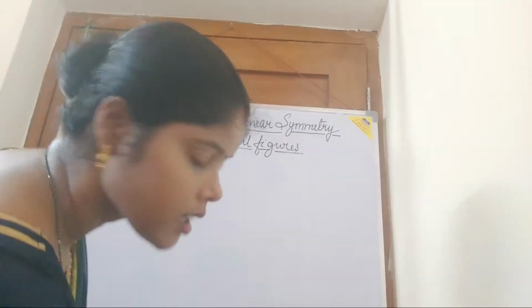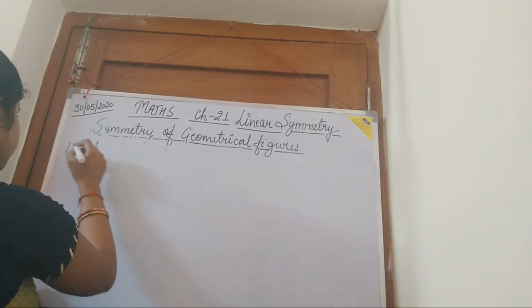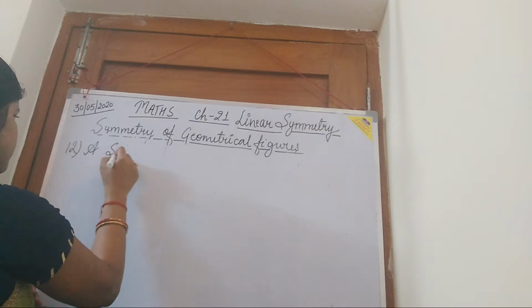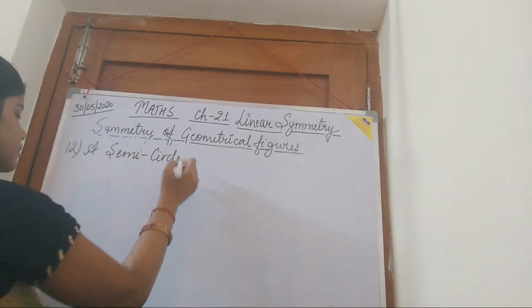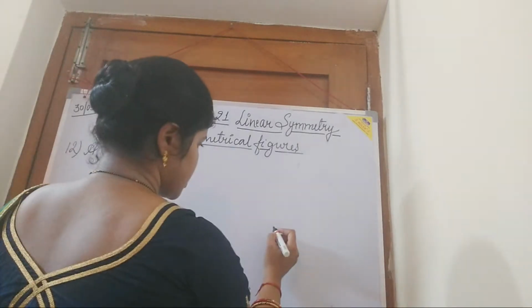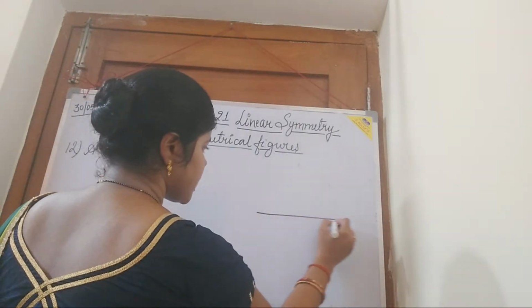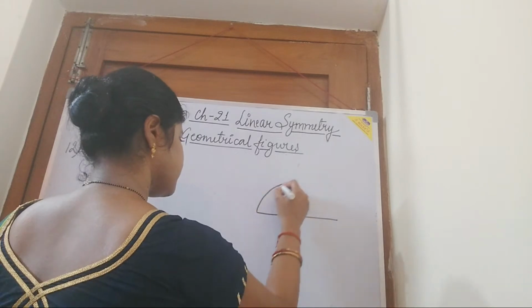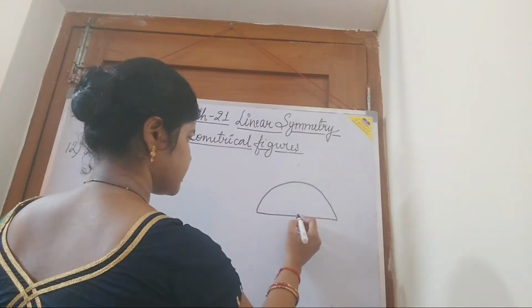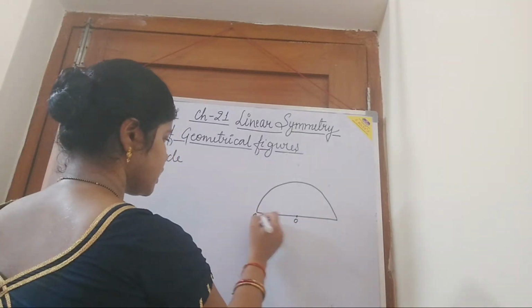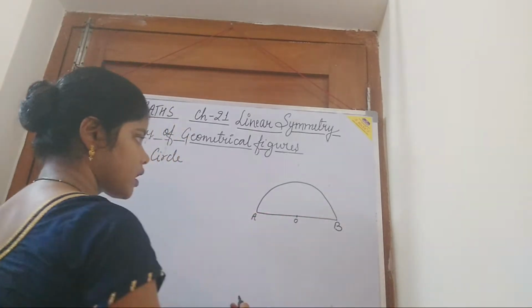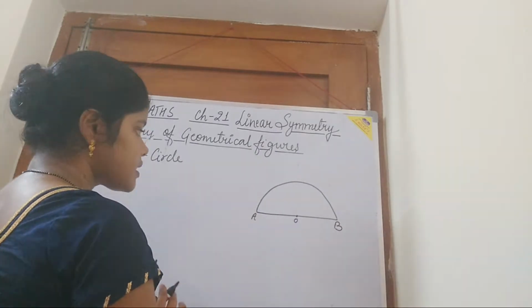The next figure is a semicircle. A semicircle means just half of the circle. This is center O, and AB is the diameter of the semicircle.